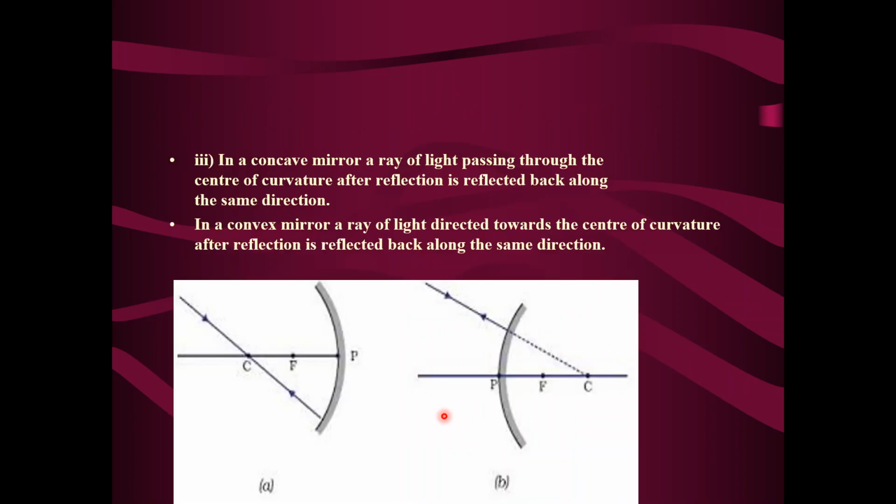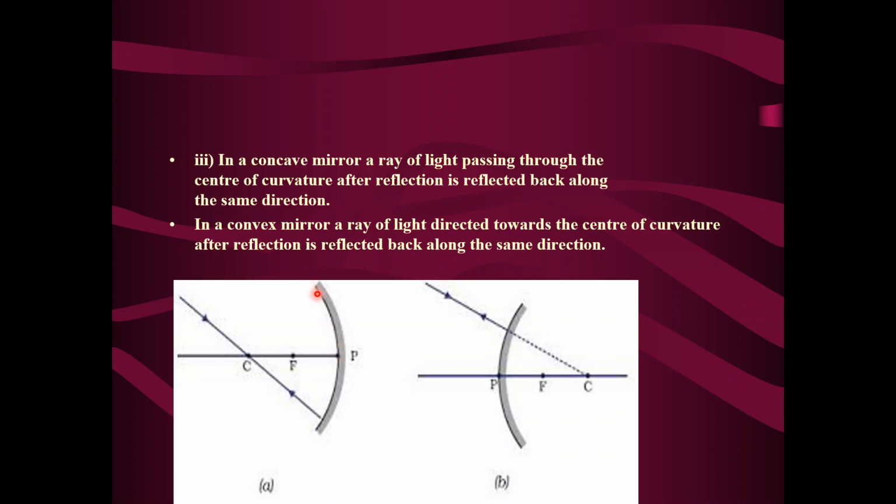Next rule: in the concave mirror, when the ray of light is passing through the center of curvature, this is the pole, the center of curvature, and the focus. How can you draw the ray diagram? Make a line, mark the center of curvature. Suppose you are marking it at 4 cm, with 2 cm distance between C and F, and between F and P also 2 cm.